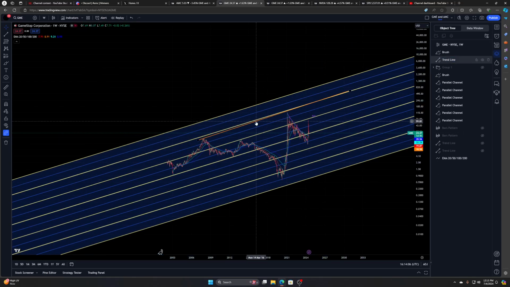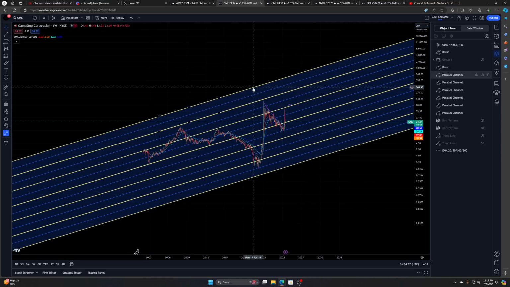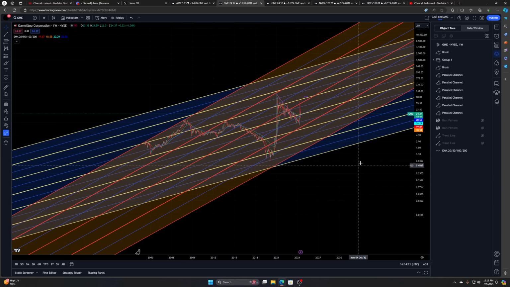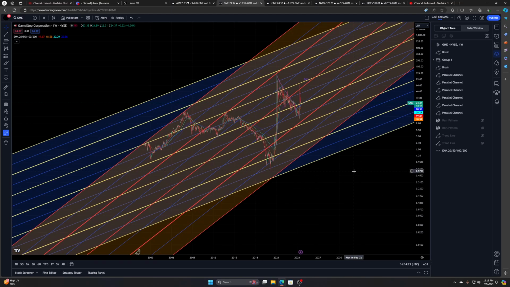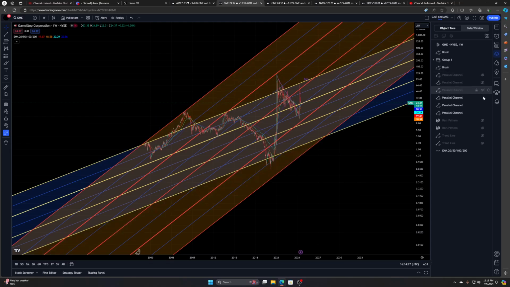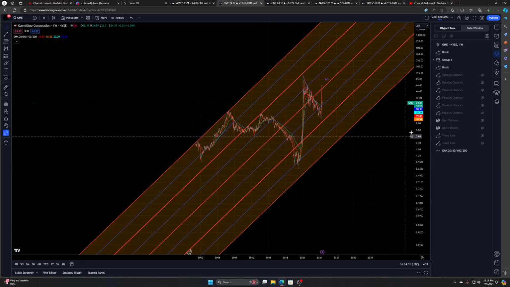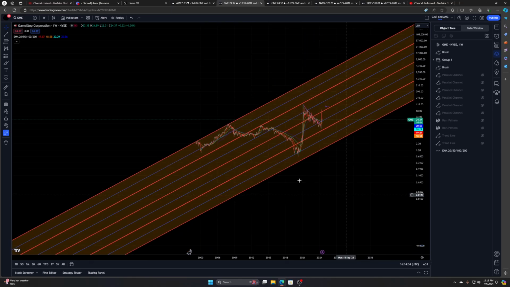Now, as I said before, we trade in channels. Well, on any chart, there are multiple uptrends. There are multiple channels that price trades in. So you can identify multiple. If we delete all these, you can identify another uptrend channel that price trades in that is really accurate.